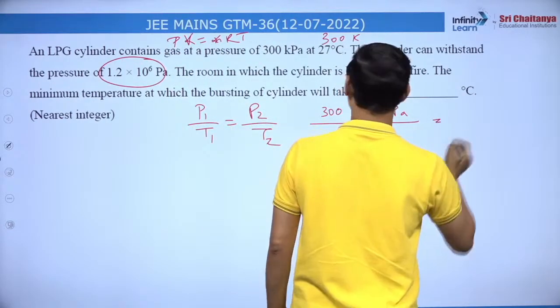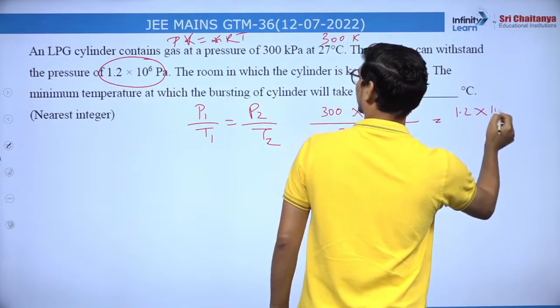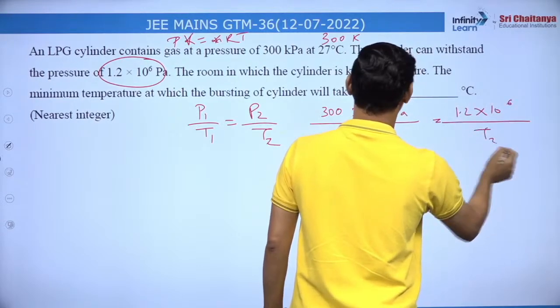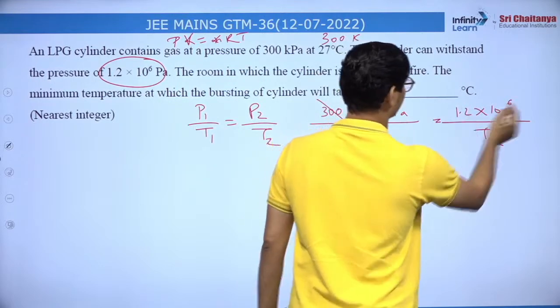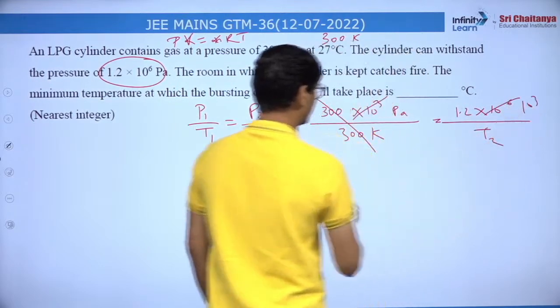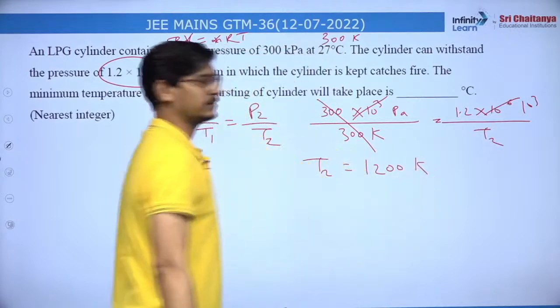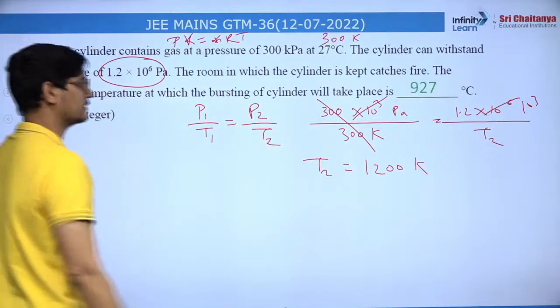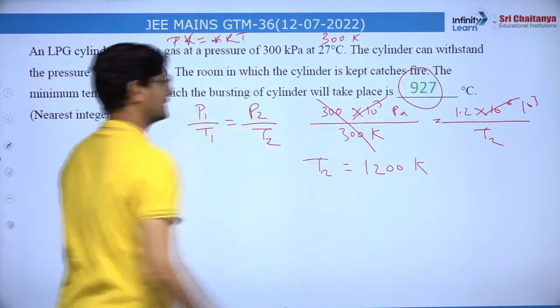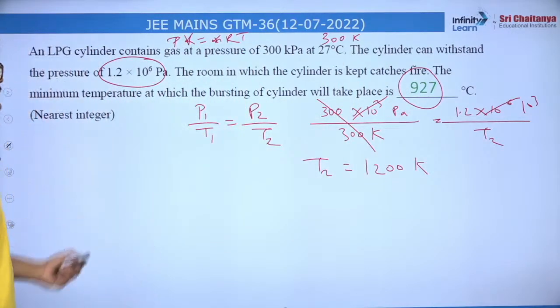Finally the pressure became 1.2 into 10 raised to the power 6 and the temperature we have to find out. So the final temperature is 1200 Kelvin. If you convert it into degrees Celsius, it is 927. Alright guys, simple question.